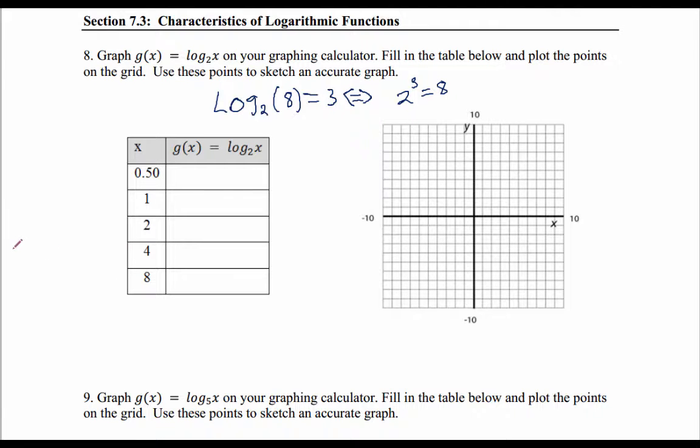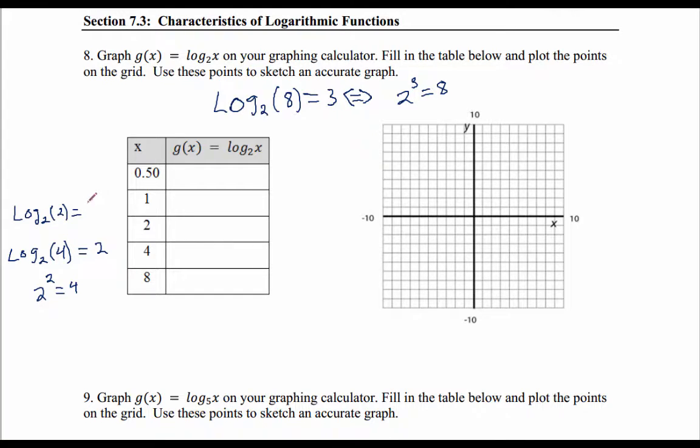Similarly, down here with the 4, when I say, what is logarithm base 2 of 4? I'm asking you, what is the exponent that when I take 2 and raise it to that exponent, I get back a 4? Well, that's going to be equal to 2, because 2 squared is equal to 4, isn't it? And when I ask you, what is logarithm base 2 of 2?